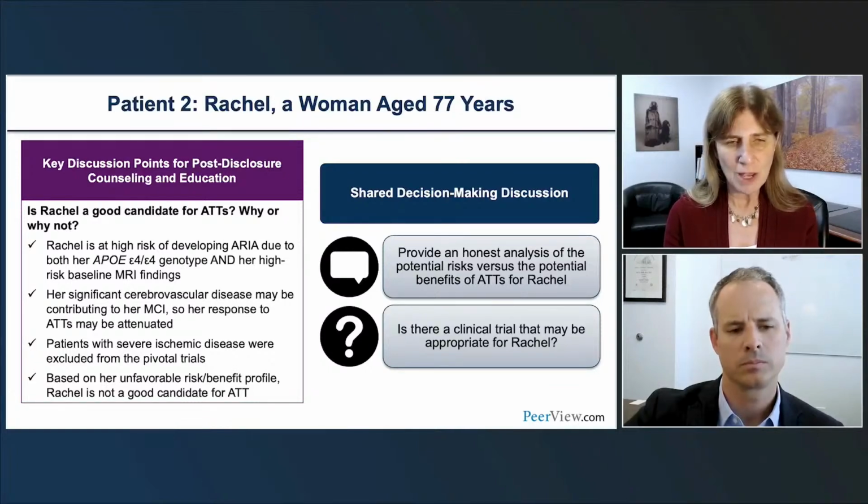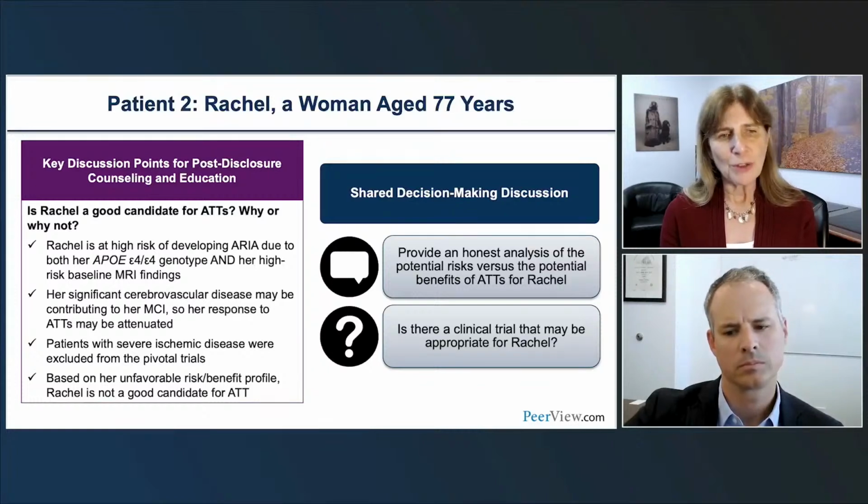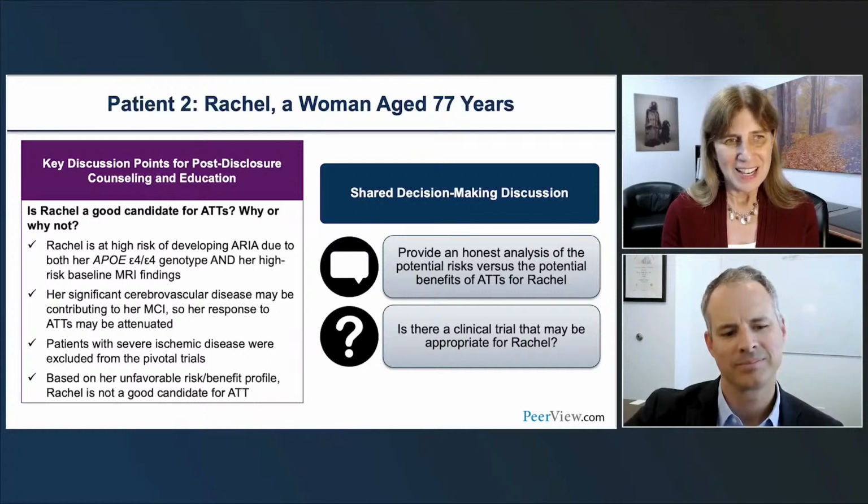That's the conundrum. And while I hate to deny therapy, I'm hoping maybe there's another treatment for her down the road, or a clinical trial with disease modifying therapy that doesn't consist of an anti-amyloid therapy and doesn't have this ARIA risk.